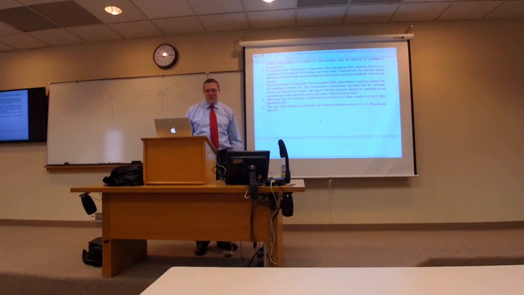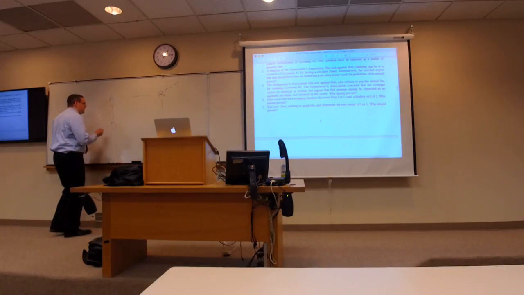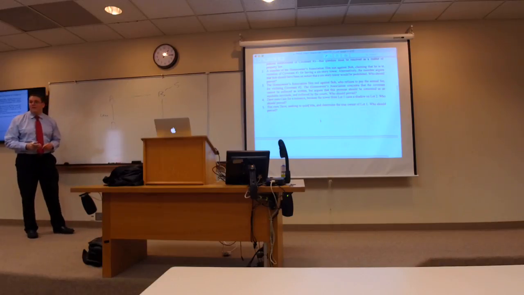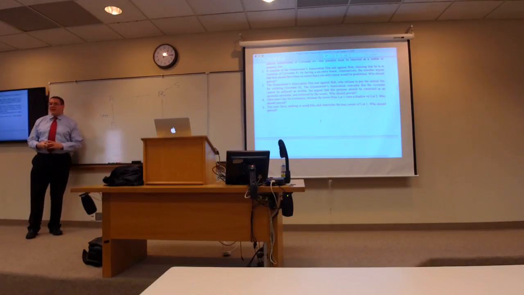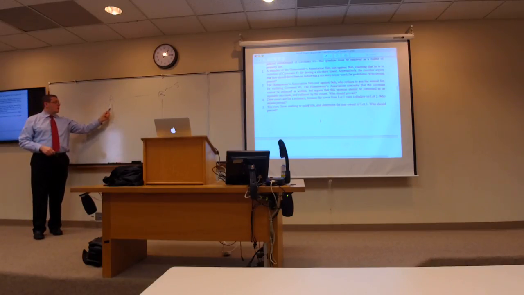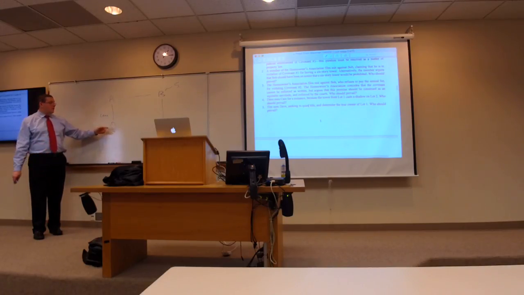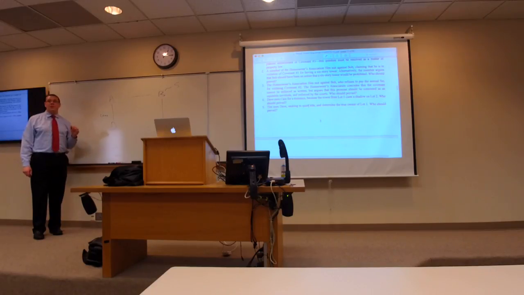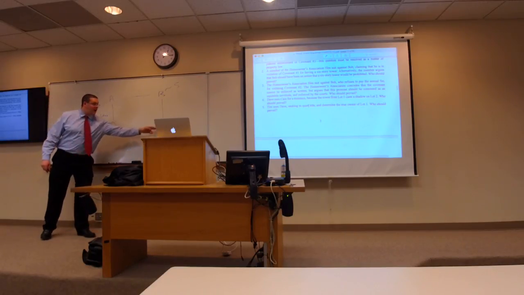So the question was about the nuisance claim. So remember, there was only a lease here, right? And with the lease, the benefit will run, but not the burden. So D, right, Dave, is not going to be the one who has the burden.